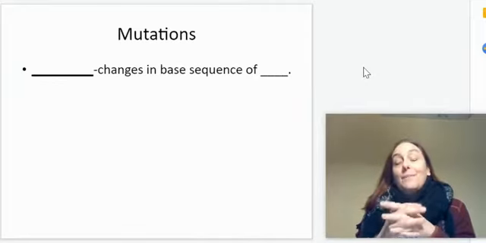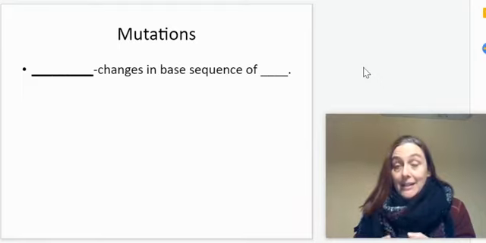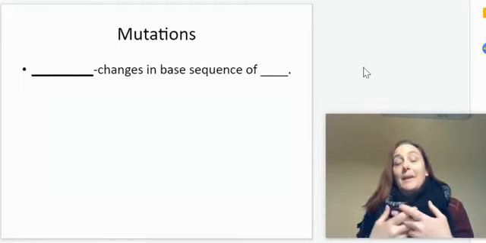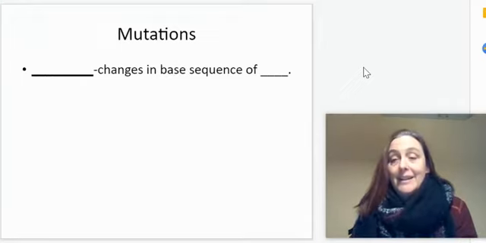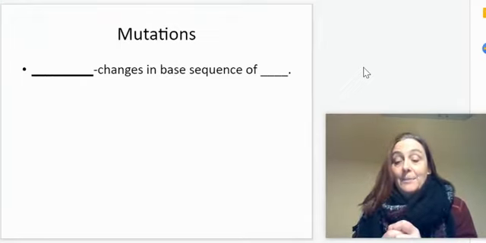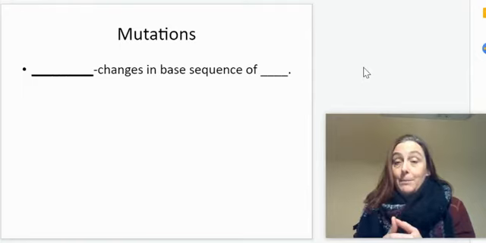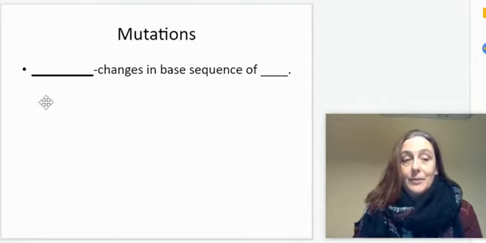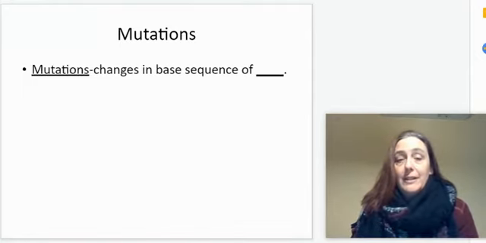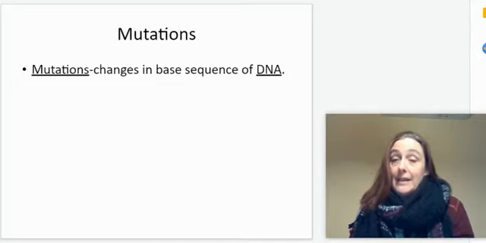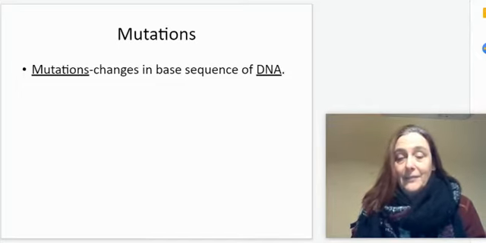So if you have a change in the DNA, that's called a mutation. And if you change the DNA, then you're going to mess up every step along the way. So a mutation is a change in the sequence of DNA, the bases of the DNA.